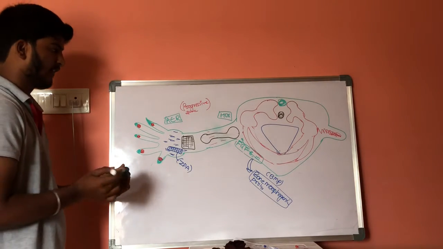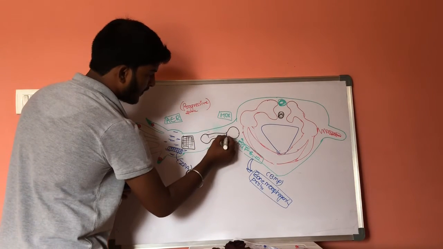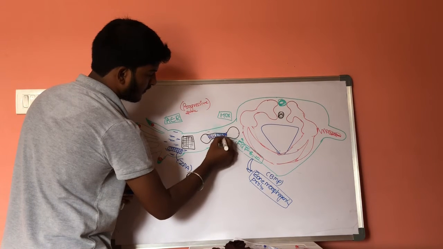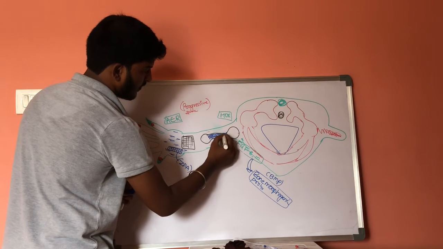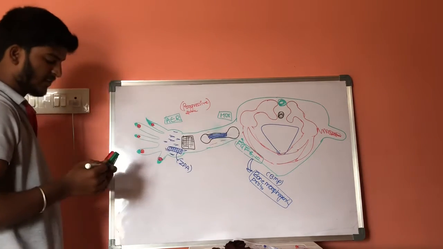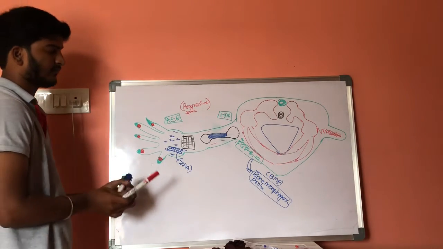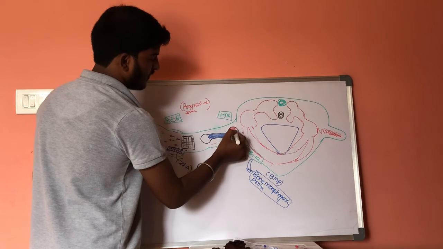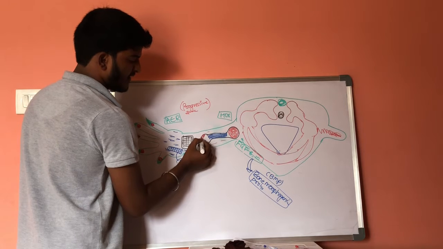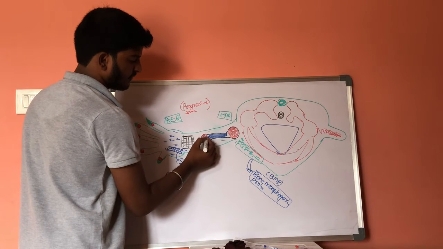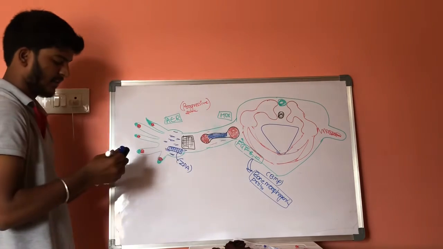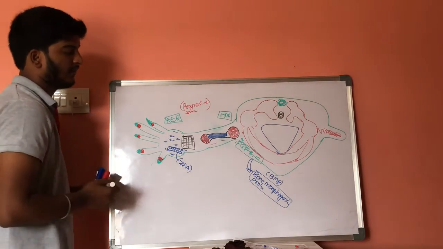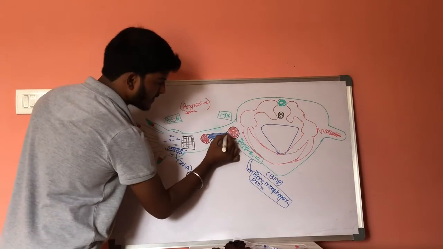Now this middle part is called the diaphysis, and this anterior part is called the epiphysis, and in between the epiphysis and diaphysis there is a special structure that is called the metaphysis.